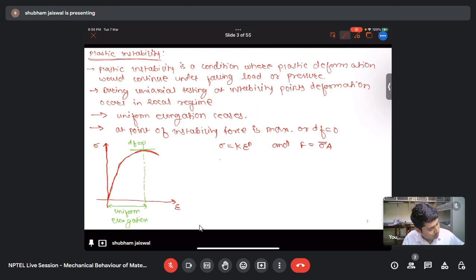So according to the point of instability, dF equal to 0. So this should be there: sigma dA plus A d sigma bar should be equal to 0. If I rearrange these things, I will get an equation like this.